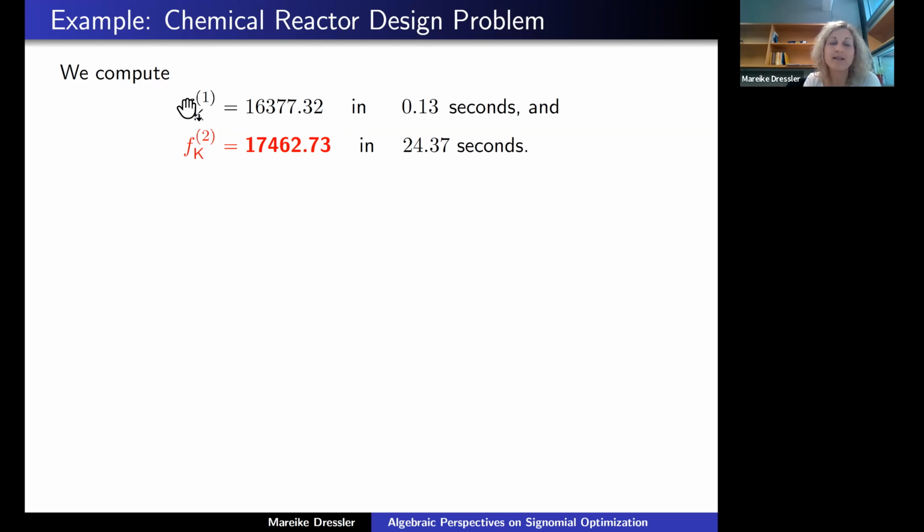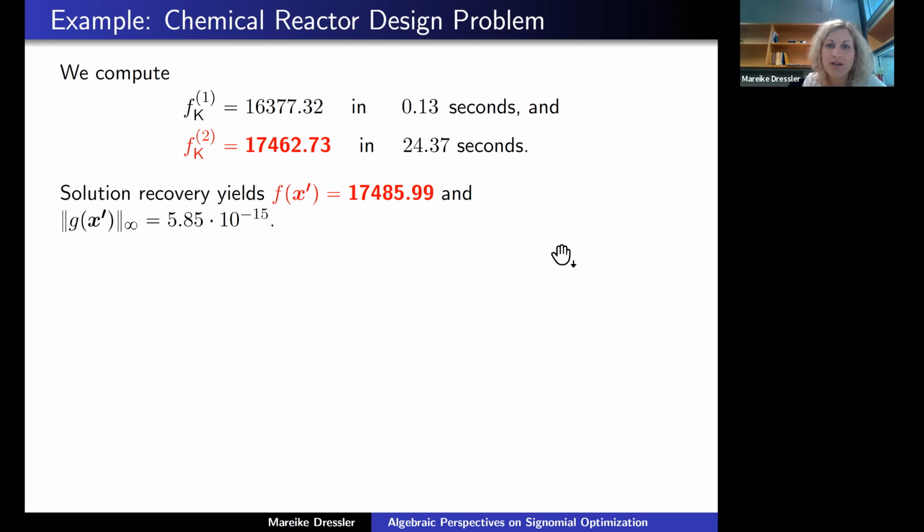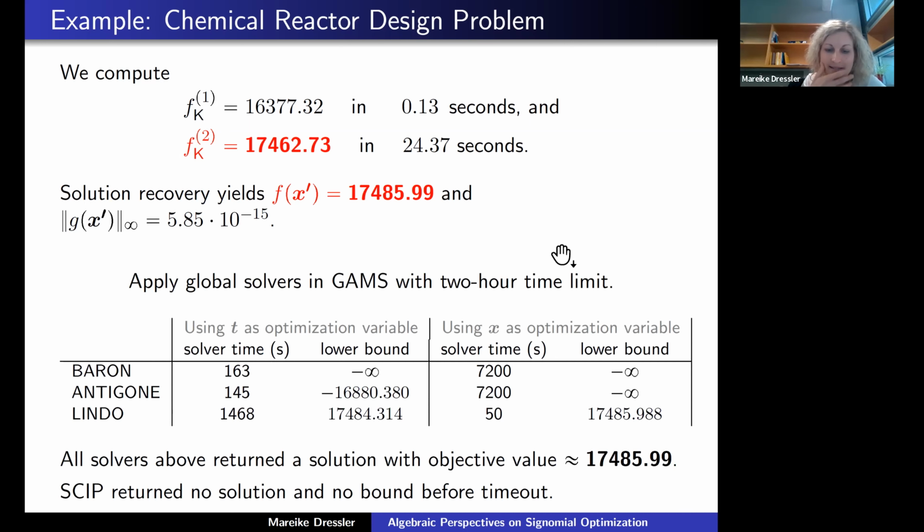And we find that the first hierarchy order gives this bound, the second this, and we do solution recovery on the second order here, and we find that solution recovery yields this optimal value.